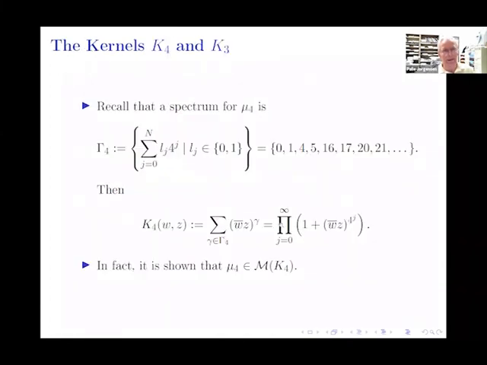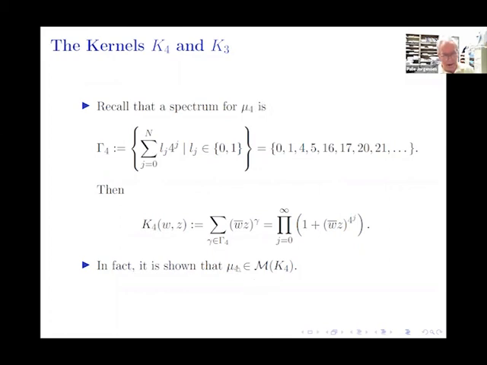In particular here, we have these two gammas. This gamma 4 has the differences of points in gamma 4 being actually all of the integers, and we can use that to show that.